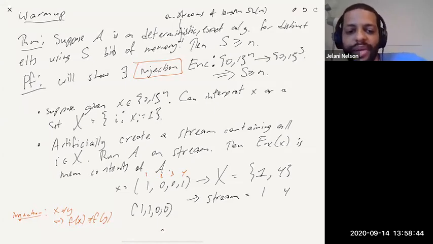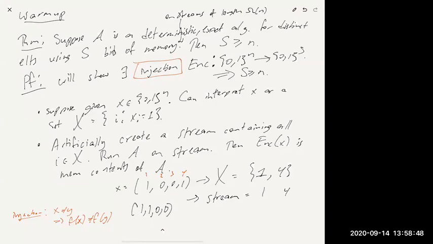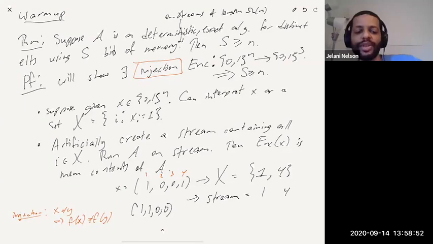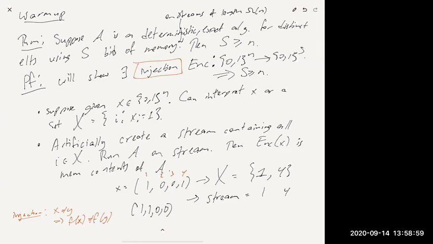You mean it wouldn't give the correct number of distinct elements? Yeah, exactly. So for those two different streams, if you inserted 2, then the number of distinct elements wouldn't go up in one of them, and for the other it would. That's right. Yeah.